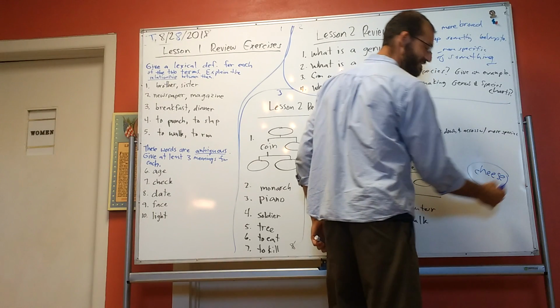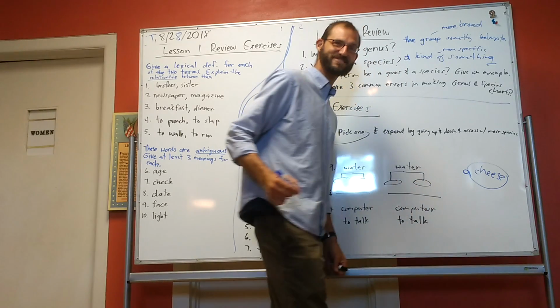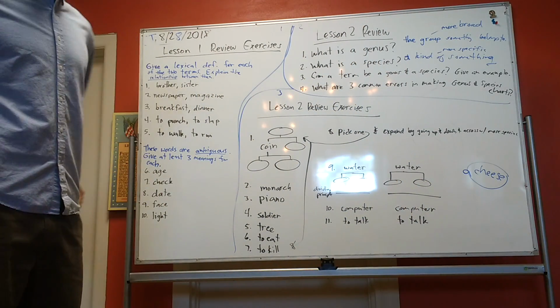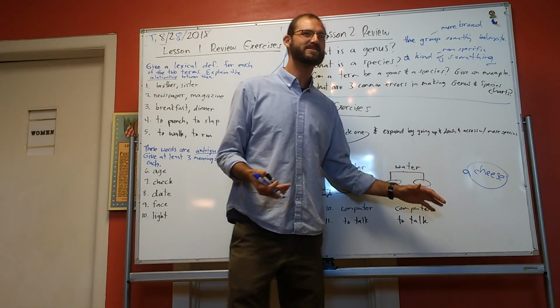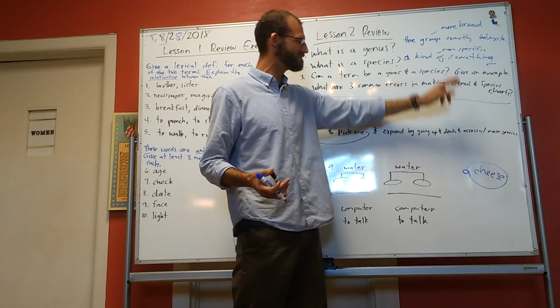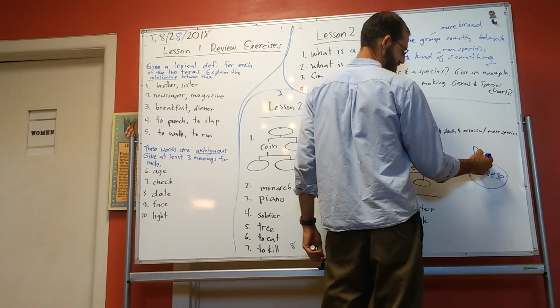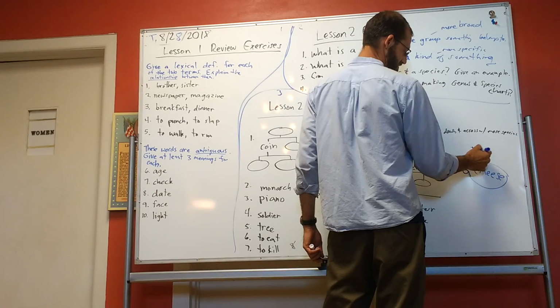A cheese. Okay, good. You forgot a capital letter. Now, it can only be a genus or a species in relationship to other terms, because we need the group that it belongs to if this is a species. So what can we say, everybody? Dairy. You can say dairy, you can say food, anything in the whole world.